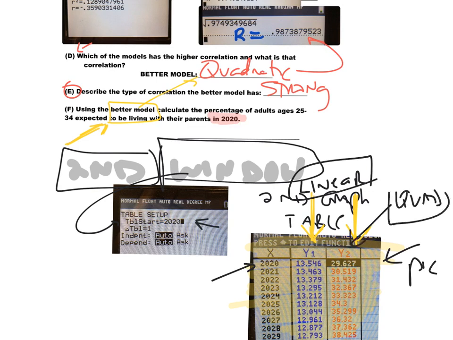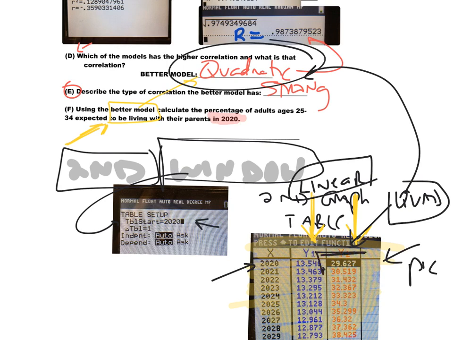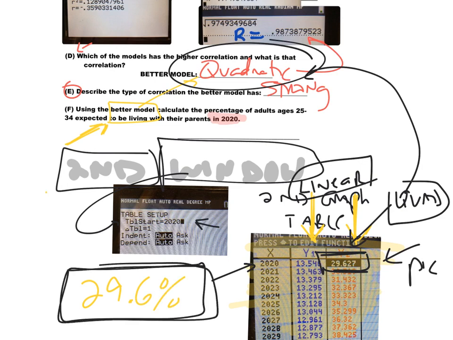And here we want to use the quadratic answer, which in this case is 29.6. So according to the data, if the patterns continue in the year 2020, 29.6%, so almost 30% of people aged 25 to 34 will still be living with their parents.